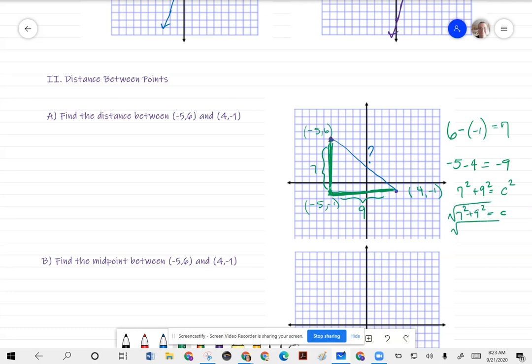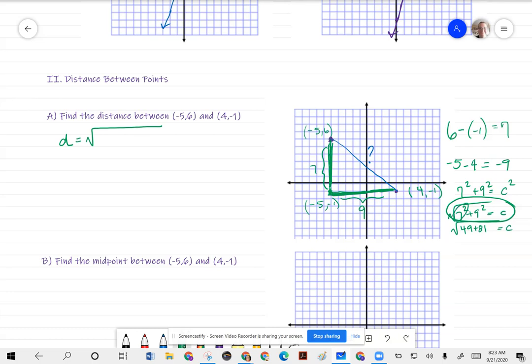So we've got 49 plus 81 is equal to c squared, and we'll do that math in just a moment. And that's how the distance formula was founded. So our c is our hypotenuse, which is really the distance that we're looking for, and we are looking for that square root.